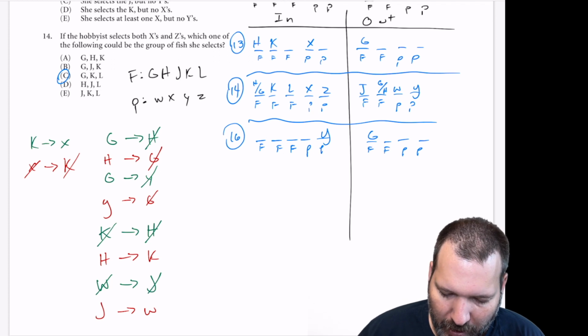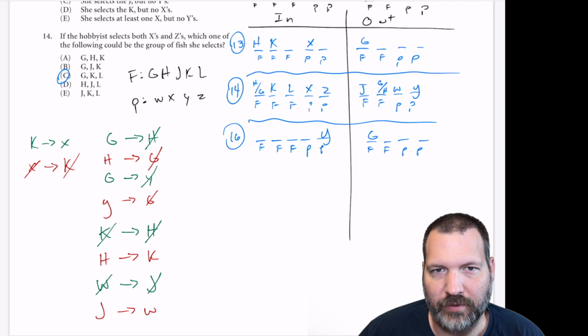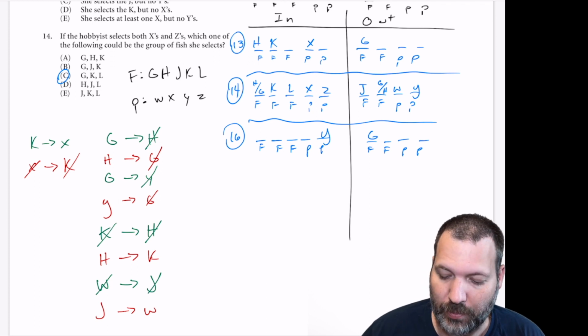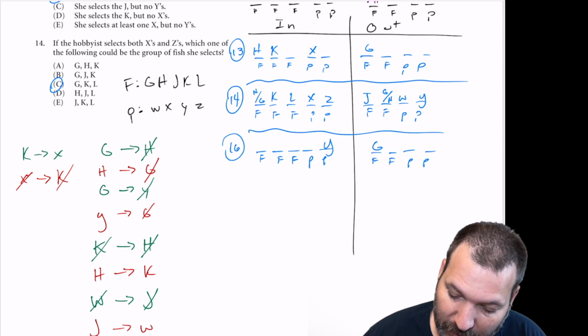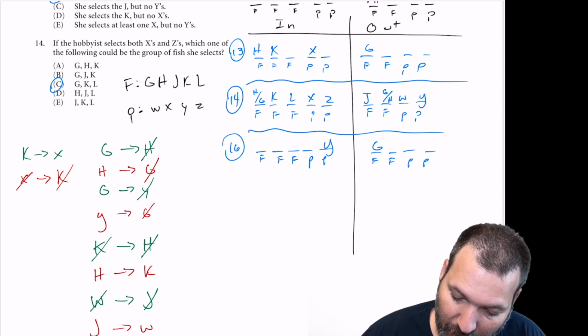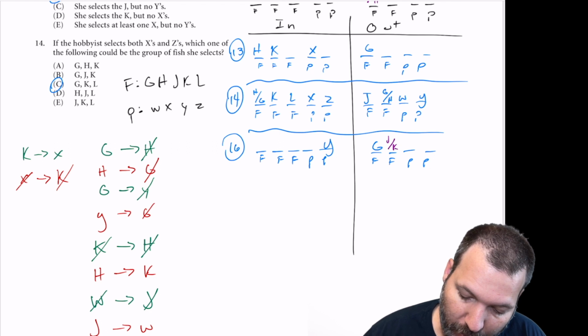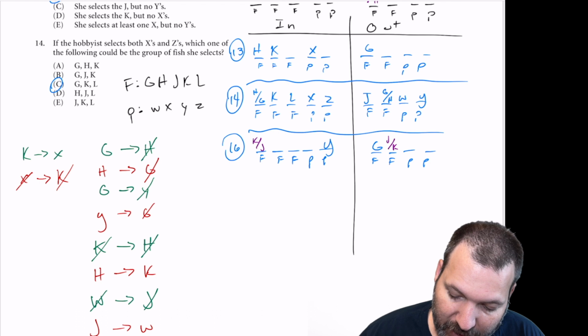Because if both J and K were in, then both of the plants W and X would have to be selected, and we don't have the room for that because Y is selected. So one of J or K is going to have to go on the outside, and the other one is going to have to go on the inside. And so that means my two other fish have to be H and L.